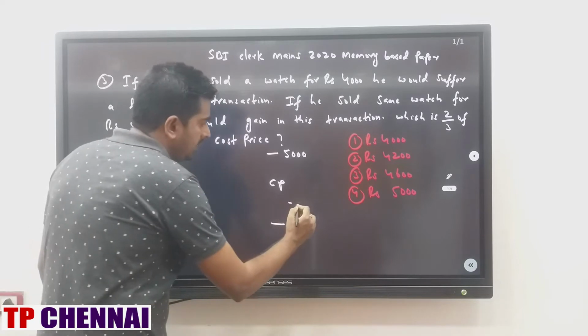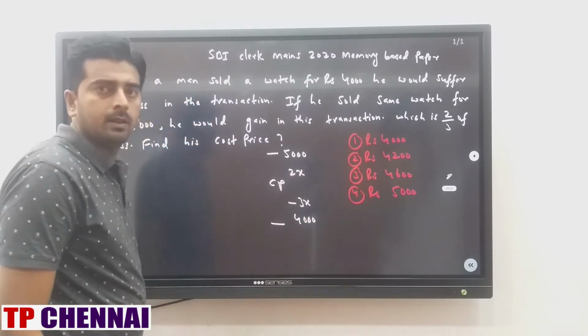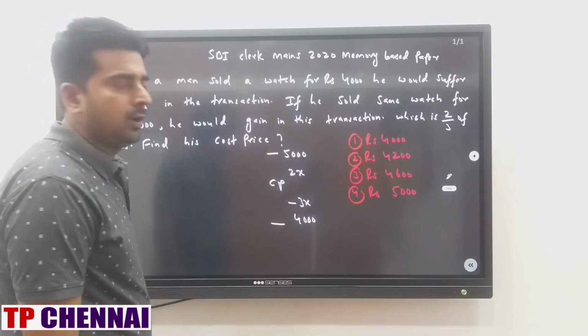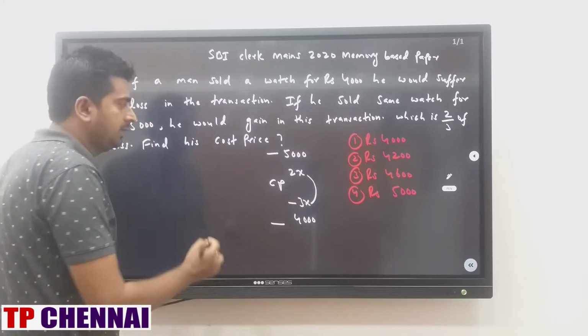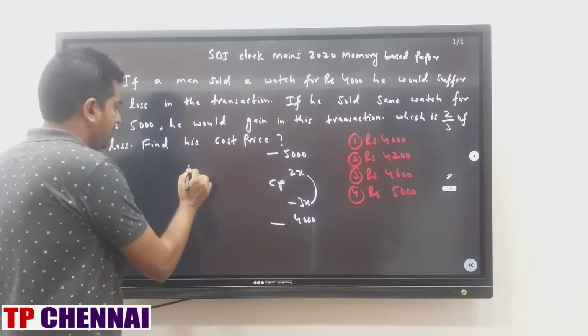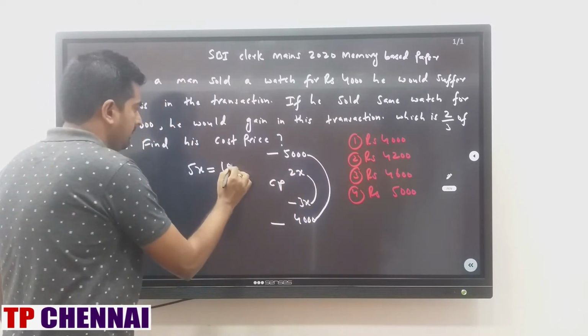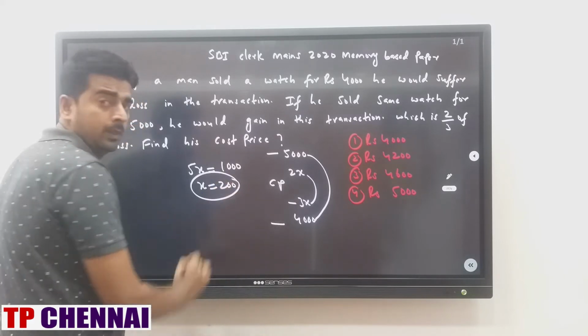They are saying the gain is 2 by 3 of the loss. So if the loss is minus 3x, here it is 2x. The gap is 2x plus 3x, so 5x is equal to the gap of 1000. So x is 200.